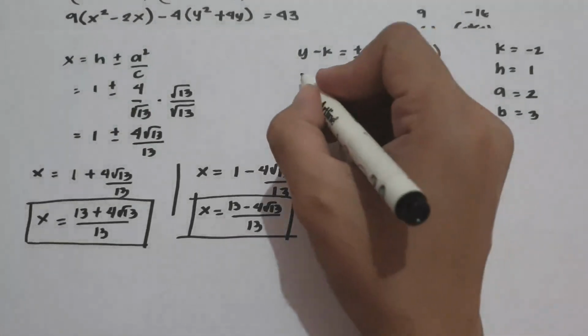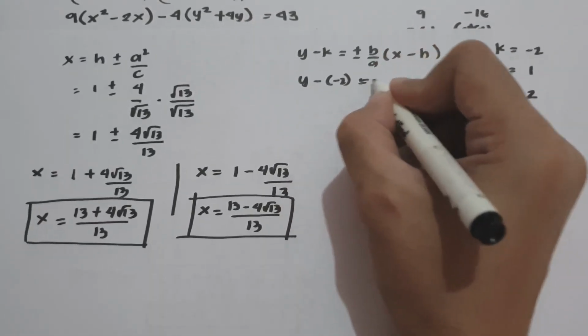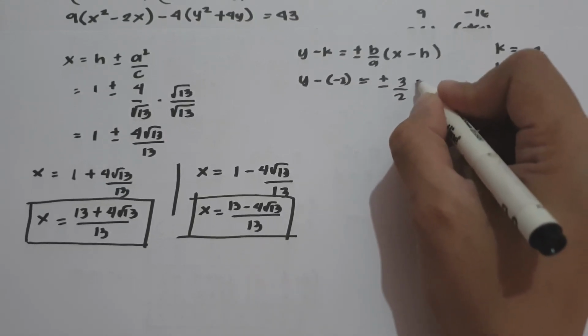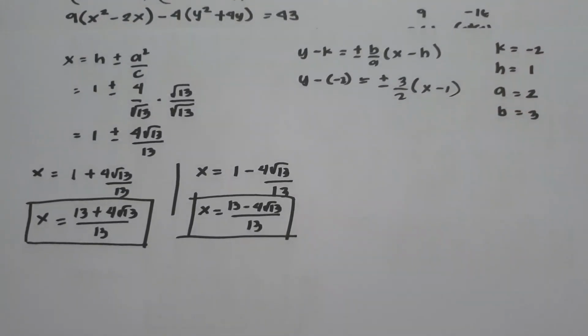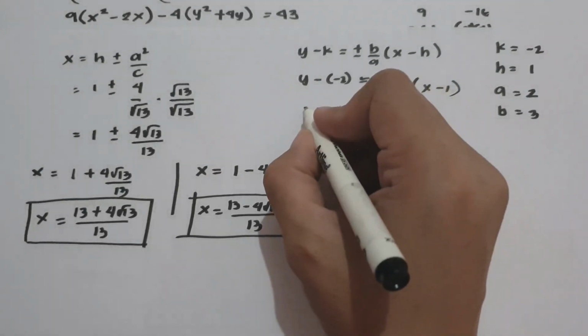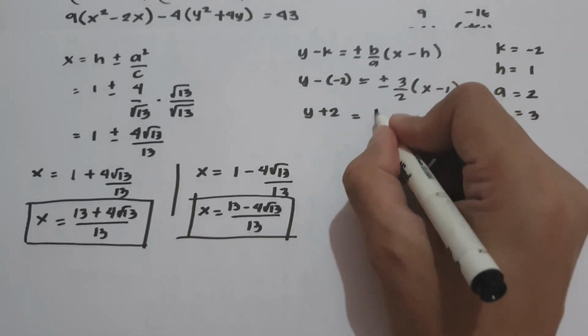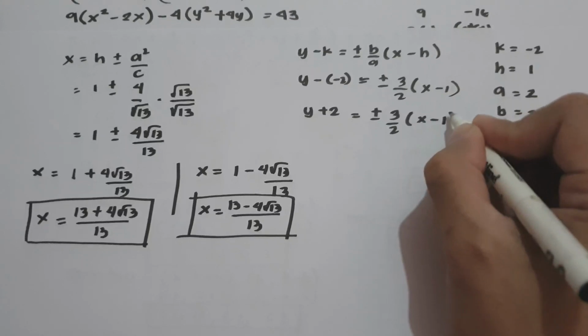So let us have y minus k, that is negative 2, equals plus or minus b over a, that is 3 over 2, times quantity x minus 1. So let us simplify. We have y plus 2, that is negative times negative, equals positive and negative 3 over 2 times quantity x minus 1.